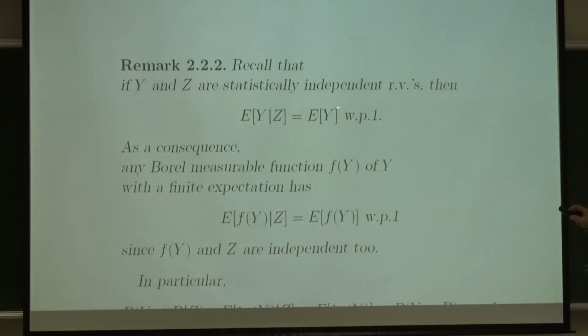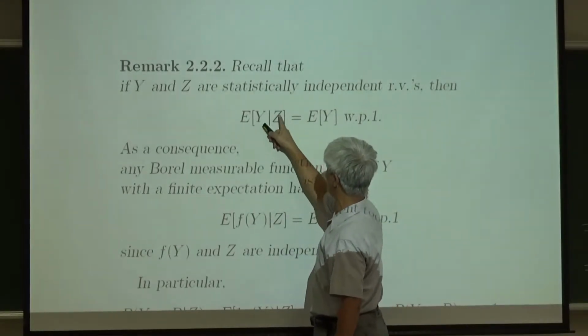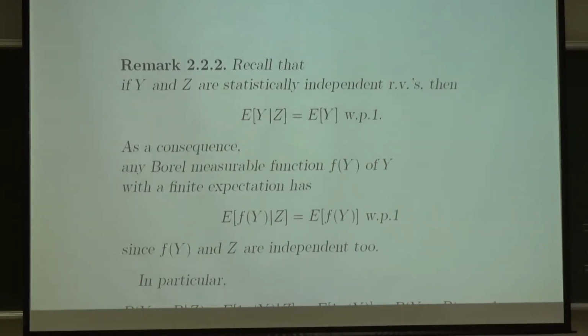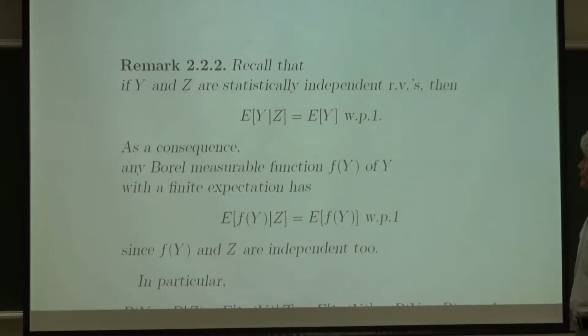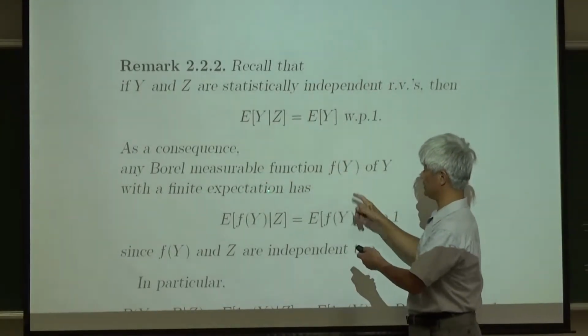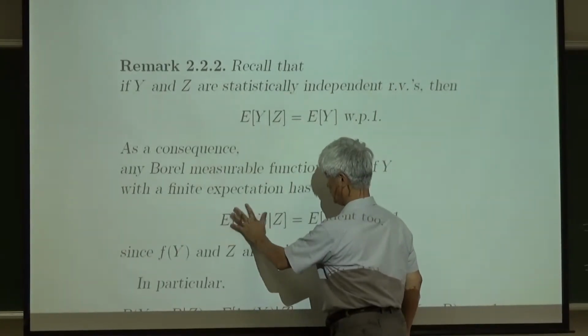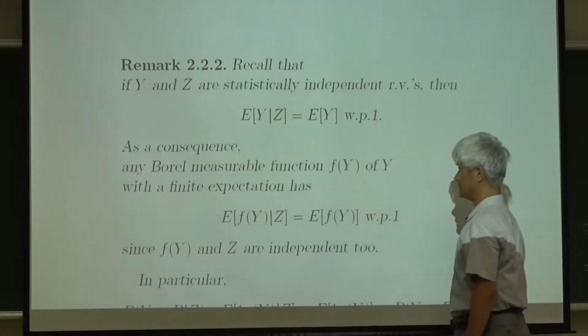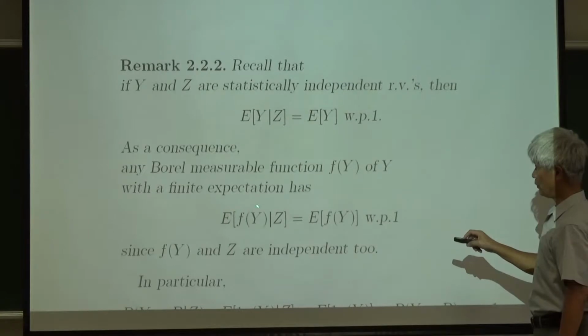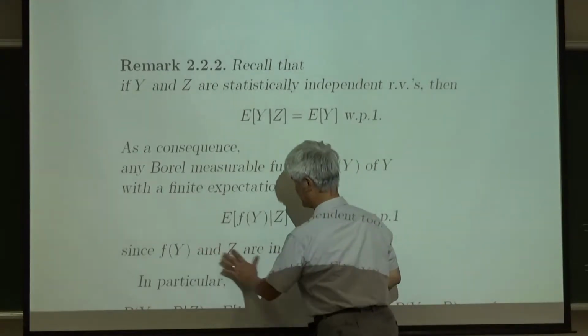Now we recall that if Y and Z are statistically independent, then the conditional expectation of Y given Z is just the unconditional expectation of Y. As a consequence, for any Borel measurable function f of Y with a finite expectation, f(Y) and Z are also statistically independent.